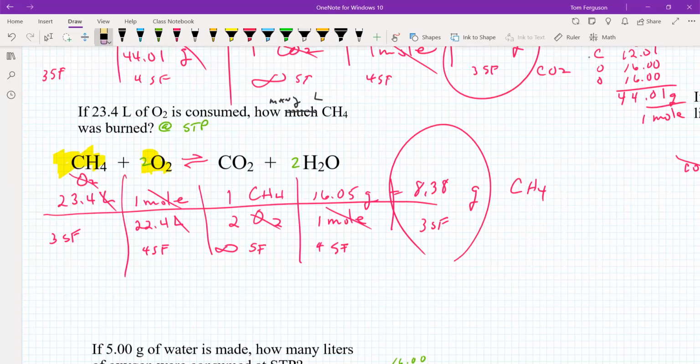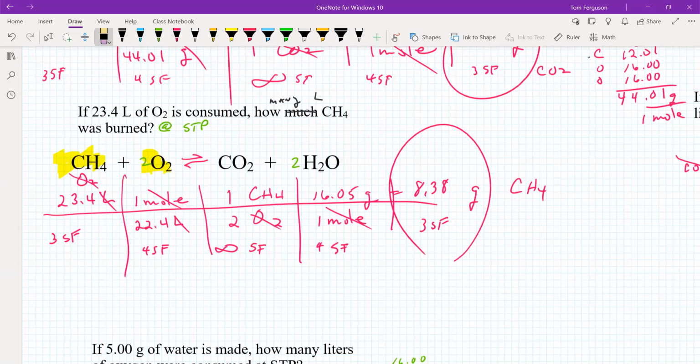Well, yeah, we're going to be looking at the 22.4 number again, because we're going from liters to moles or moles to liters. So instead of the molar mass, because that gets us to grams, we need to use the 22.4 liters per mole to get us to liters.